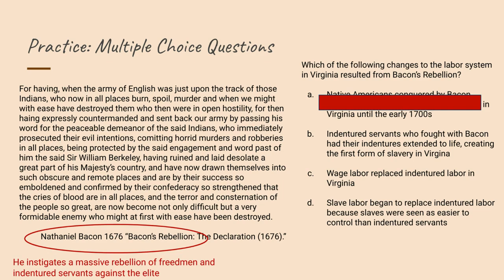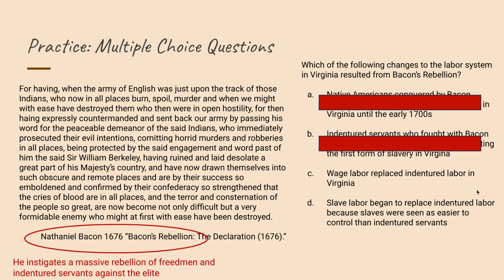And so with that frame of mind, we probably can eliminate this option, because as a group that they're quite fearful of in terms of their ability to rise up, it seems unlikely that they would then extend their indentures to life, only instigating potentially more violence and more anger towards the planter elite and the local government. So we know that this is not going to be the new labor system in Virginia.